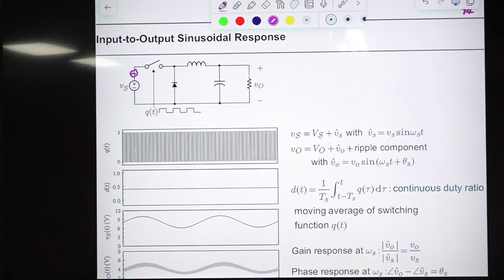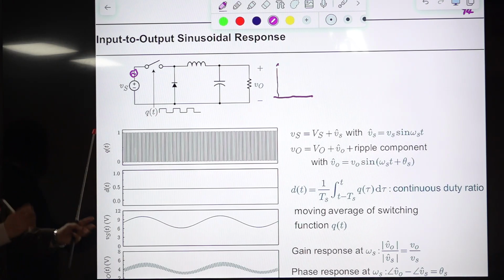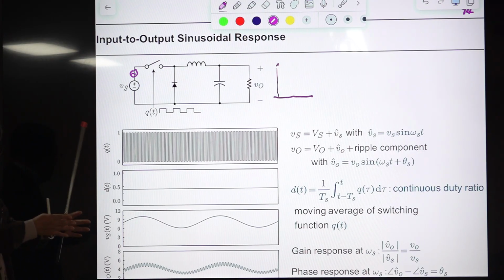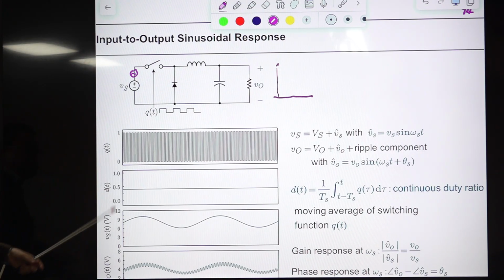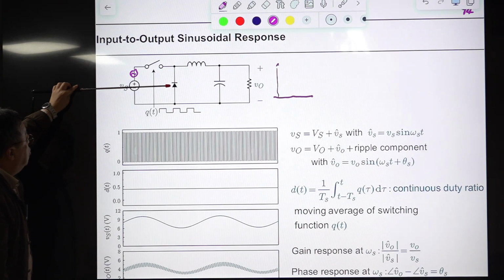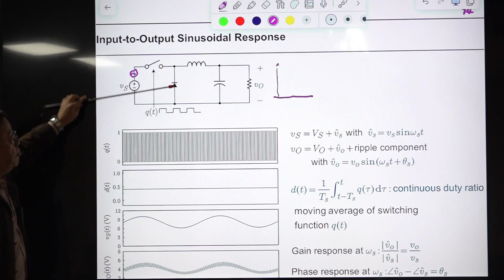If the input was purely DC, and the duty ratio of this switch drive signal is fixed, it is periodic. That is the assumption. But the input voltage has some DC value, and on top of that, it has some AC component.